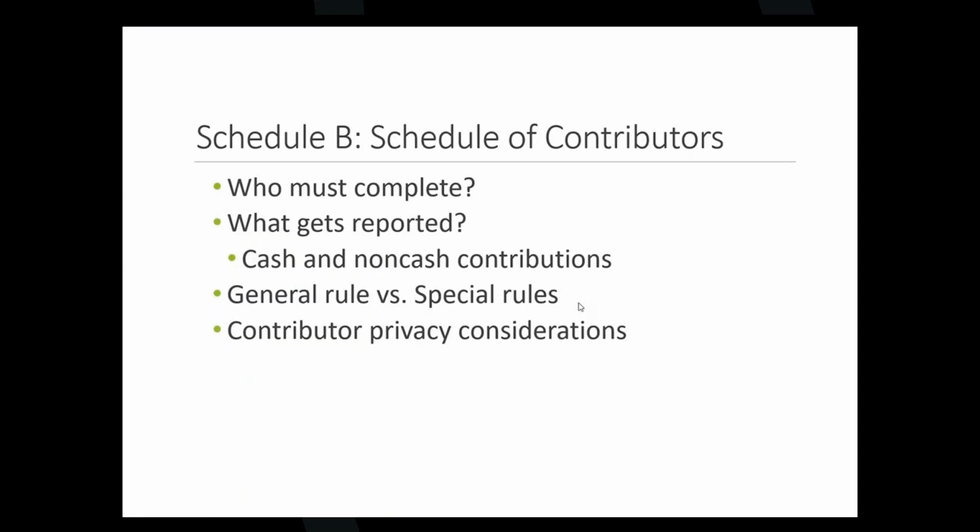The general rule is that all contributions over $5,000 must be listed on Schedule B. However, there is a special rule that allows 501(c)(3) organizations to use a higher threshold of 2% of total contribution revenue if they are meeting the public support test using Part 3 of Schedule A. So the second part that Fritz just went over in Schedule A, they must be using that section and then meeting the public support test to be able to use a higher threshold of 2% of total contribution revenue.